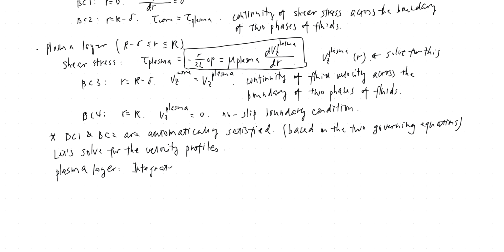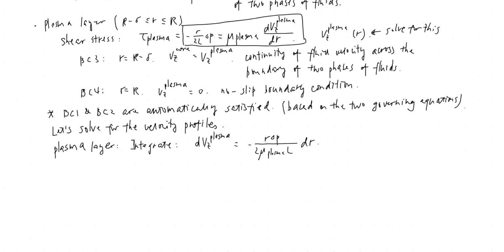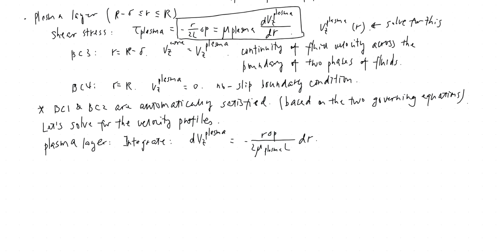What I mean is you can write dVz plasma equal to minus r delta P over 2 mu plasma L dr. Once you integrate once, you get a constant of integration, and then use the no-slip boundary condition.